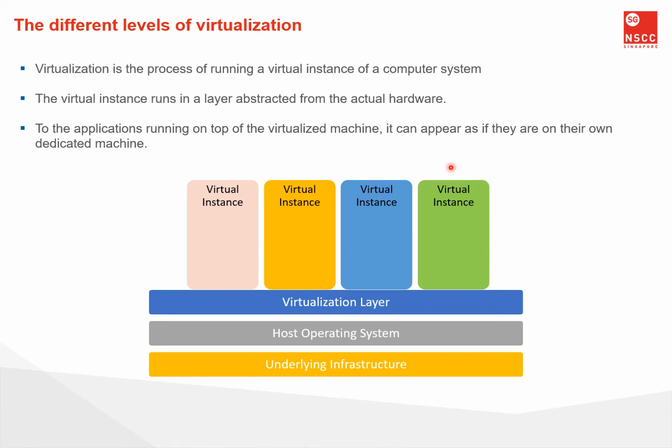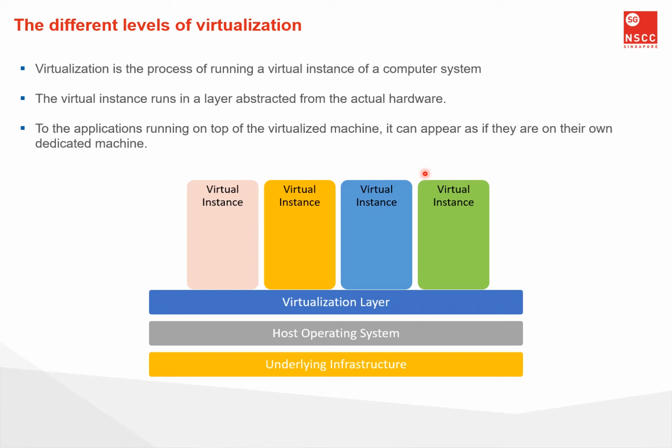So this is really literally running multiple copies of a software PC on top of a physical PC or physical machine or server itself. So we have multiple virtual machines running on top of one single hardware.